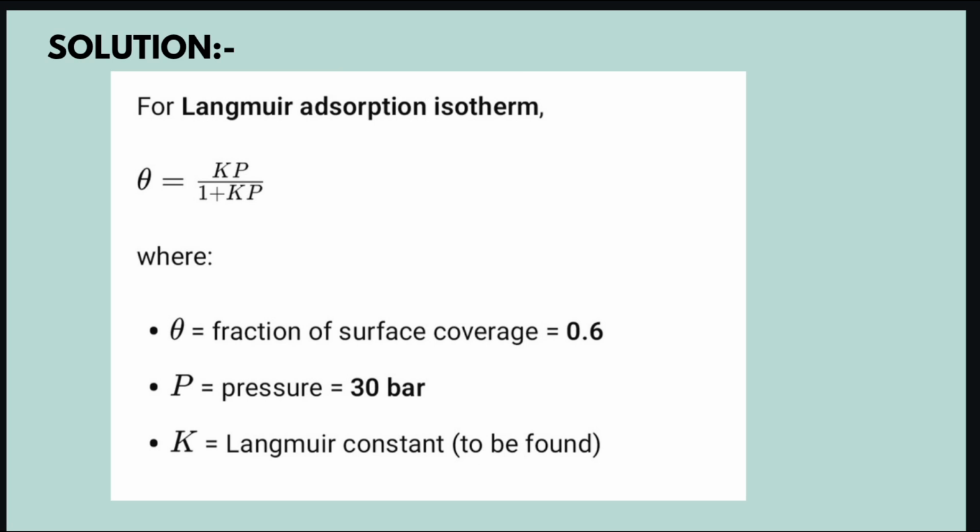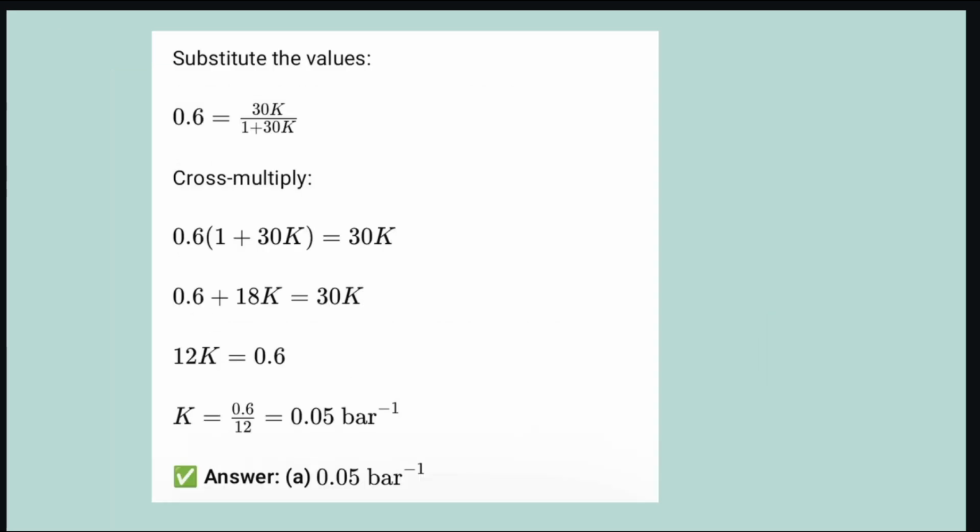For the Langmuir adsorption isotherm, the formula is theta = Kp / (1 + Kp), where theta is the fraction of surface coverage, which is 0.6 as given in the question, P is the pressure, which is 30 bar, and K is the Langmuir constant, which we have to find.